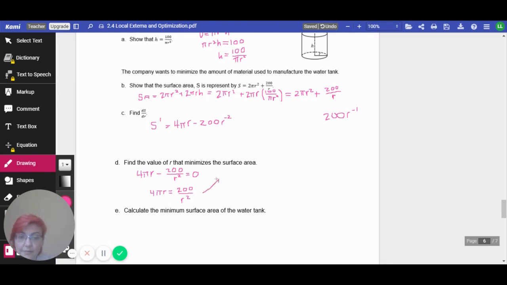So 4 pi r cubed, because r times r squared is r cubed, equals 200.